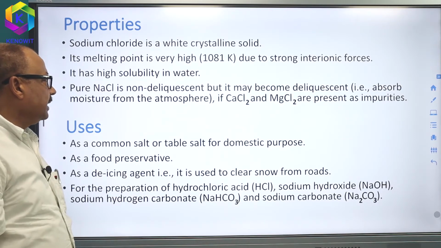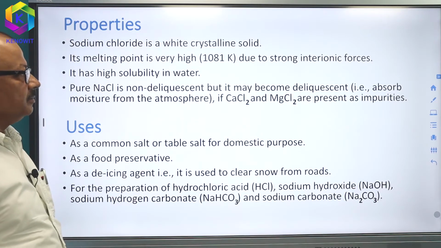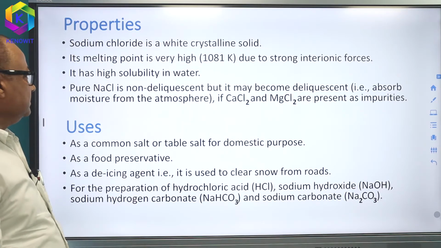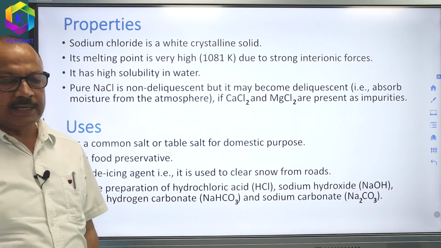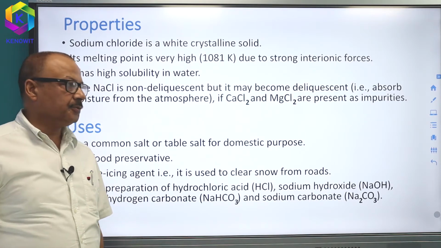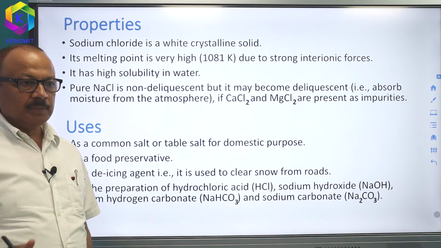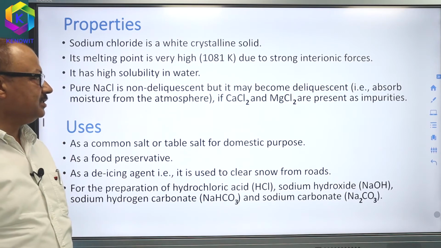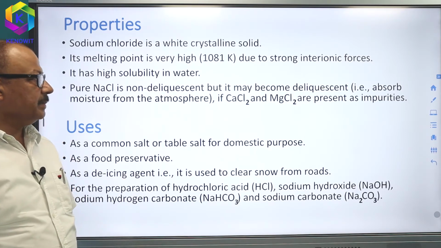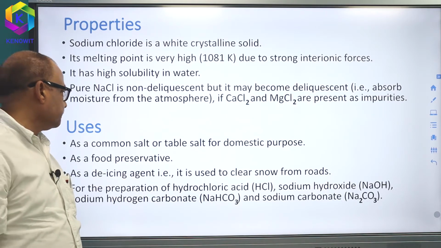Pure sodium chloride is non-deliquescent, but it may become deliquescent, that is, absorb moisture from the atmosphere. This property by which any substance absorbs moisture is known as deliquescency. If calcium chloride and magnesium chloride are present as impurities, they absorb moisture.